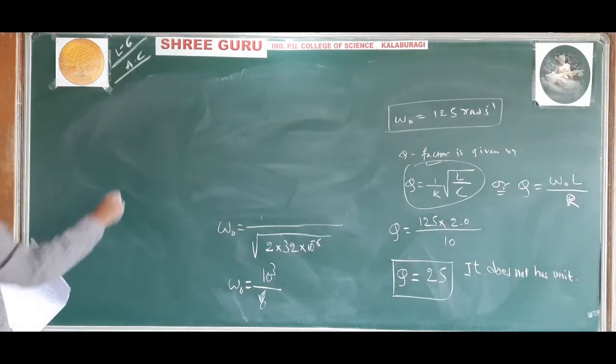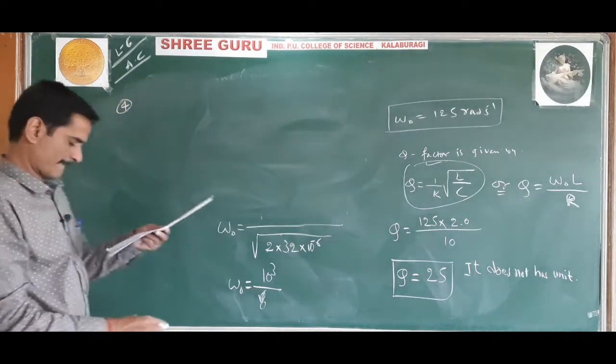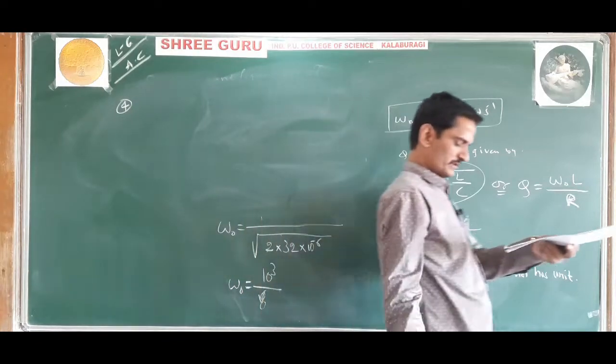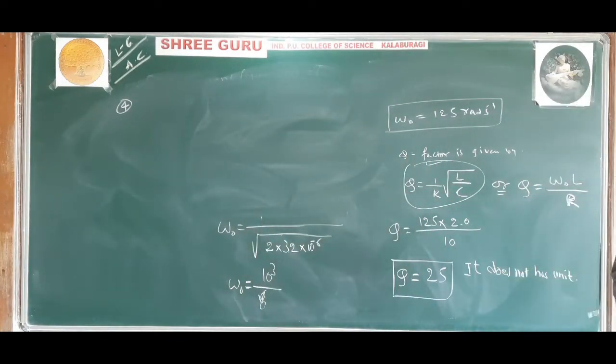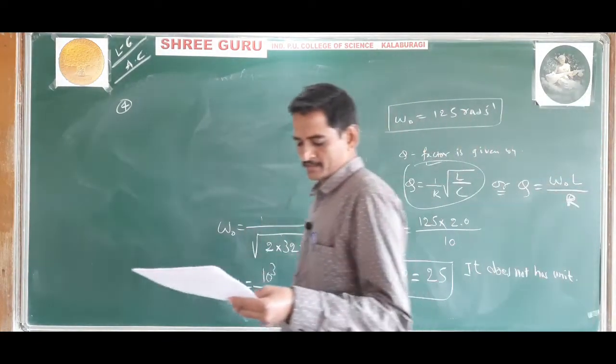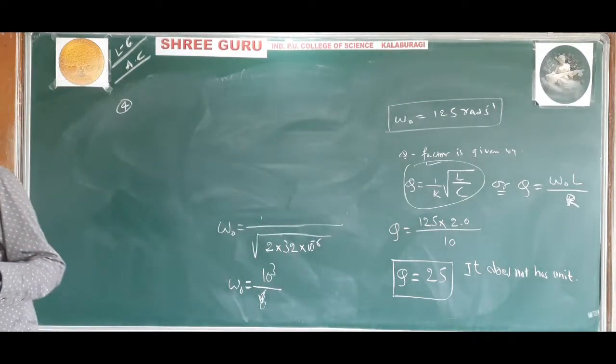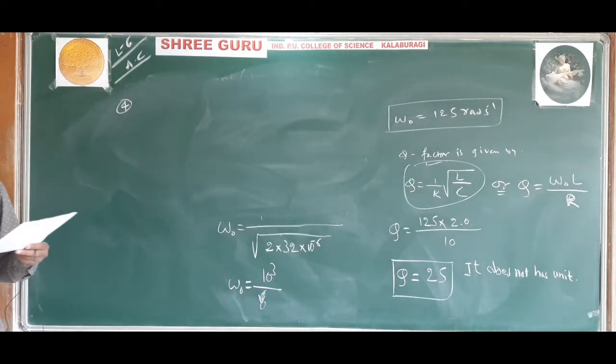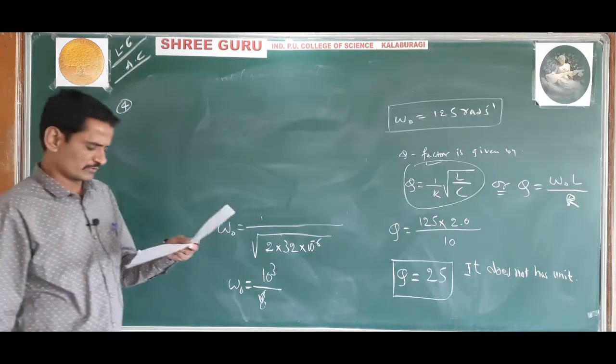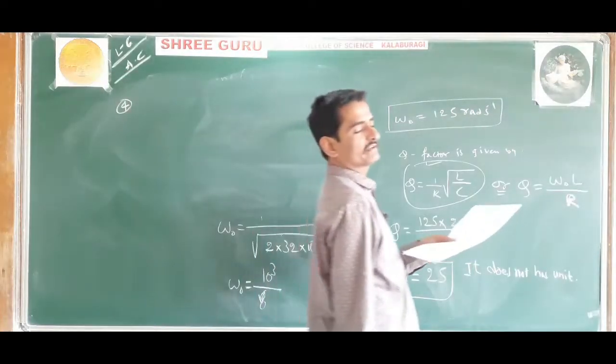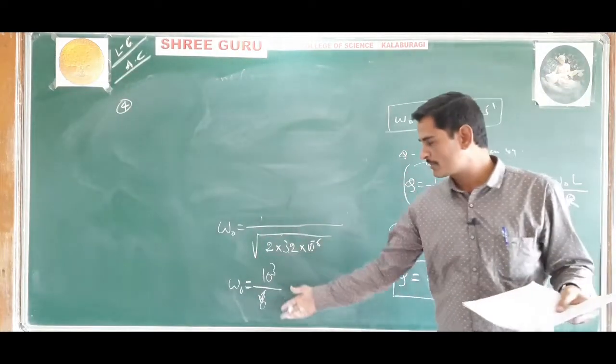Next numerical. Fourth one. This is homework. Calculate resonant frequency and Q factor of a series LCR circuit. This is homework, same as this one. Just now we have solved, no?